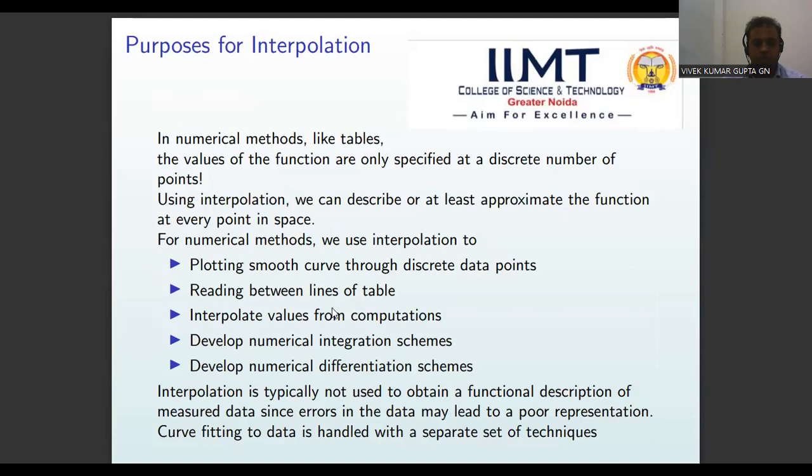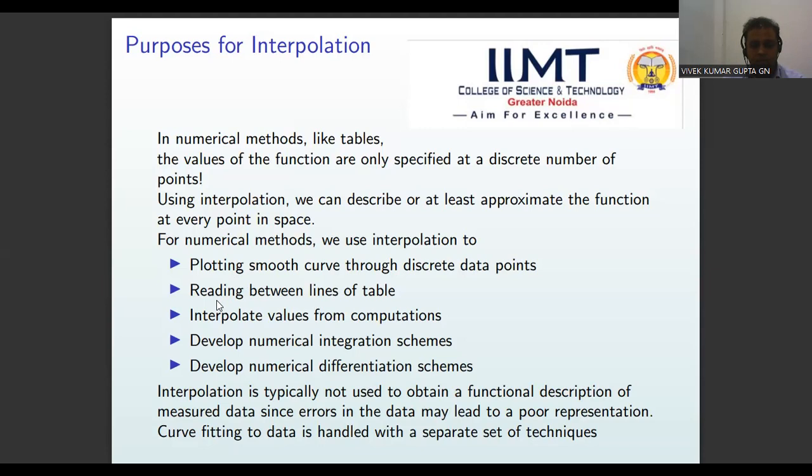By using interpolation we can plot a smooth curve through the given discrete data points, and by joining the discrete data points we can plot a curve. So we can find the intermediate values from the given data curve. Also, we can read between the lines of the table.